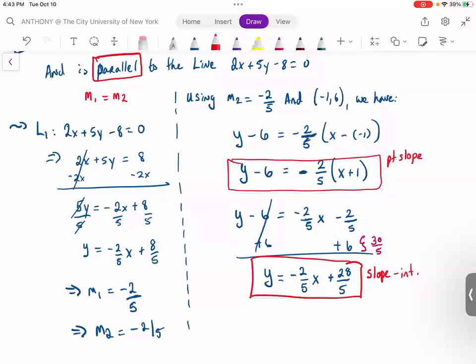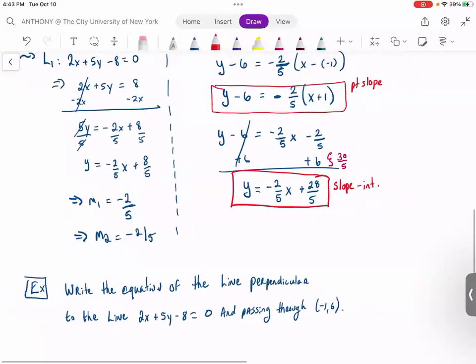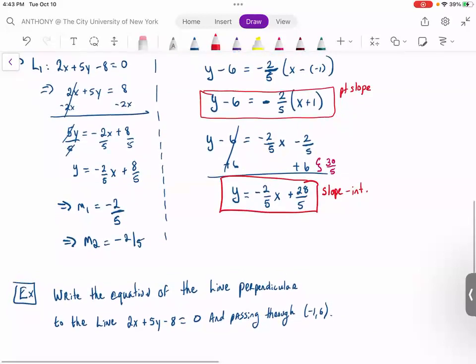Okay, so that's the first example. Now I want to show you the second example. Same problem, but now perpendicular. In the second example, you want to write the equation of the line perpendicular to the same exact line, and pass it through the same point. All we got to know is the formula for perpendicular lines.